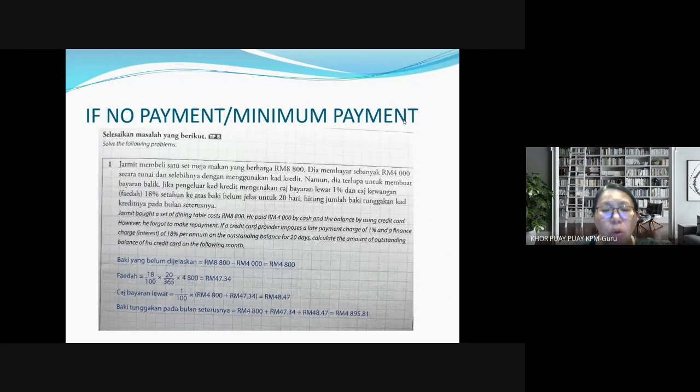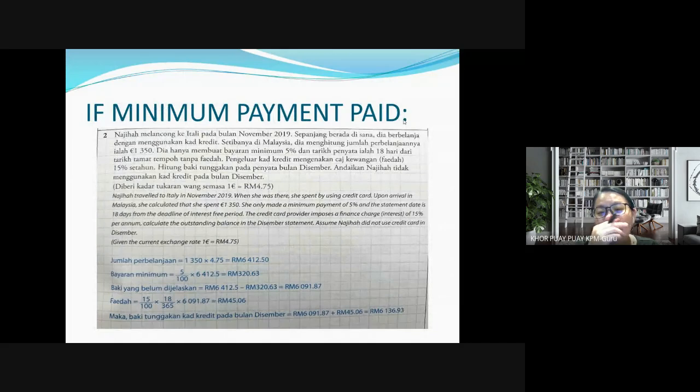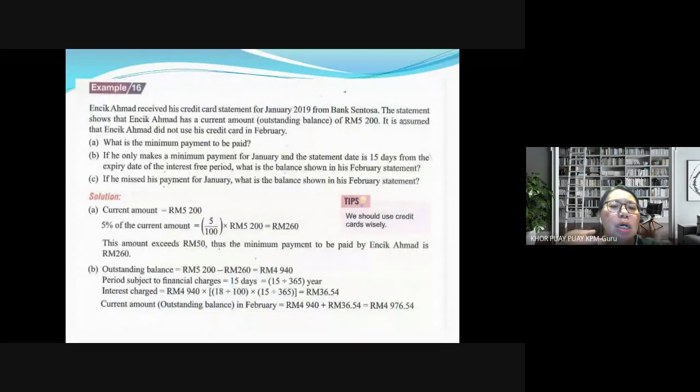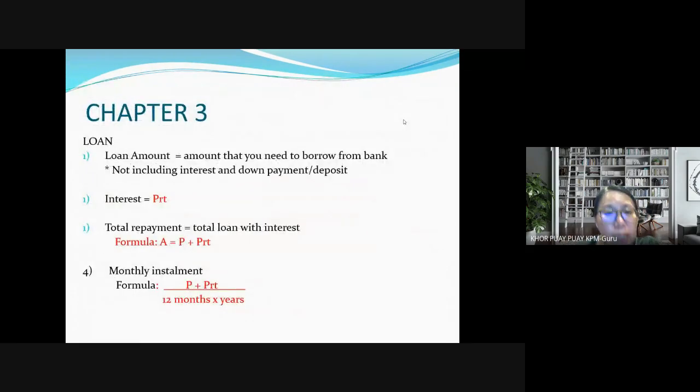Or if I already paid, then next month the bill will show how much. They also might ask you this kind of question. Or they ask you what is the balance shown next month, something like that. This one you can see from your textbook, example 16. Okay, everything is in the textbook. You can just go through the steps again.